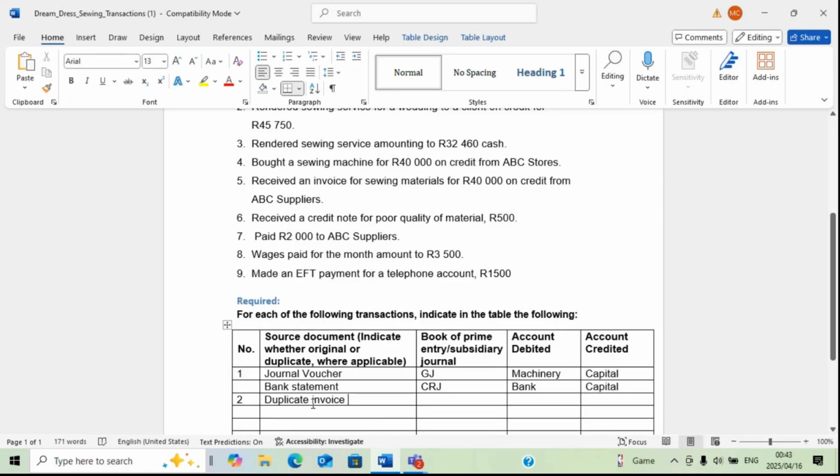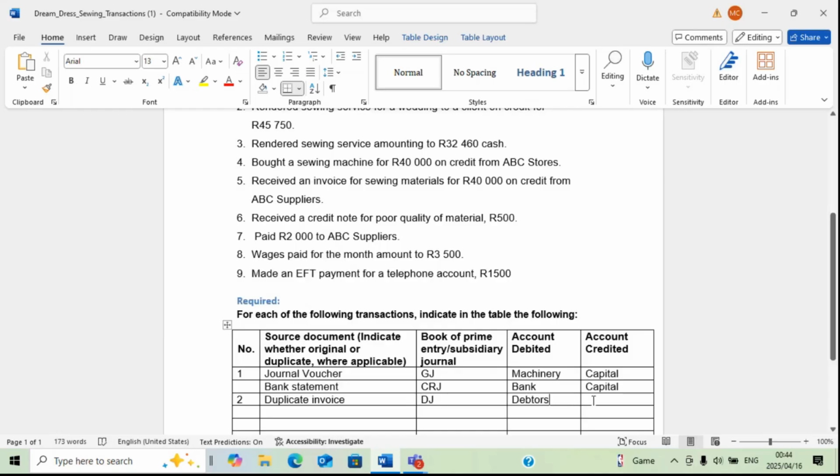And then the book of prime entry is going to be the debtors journal, DJ, right? That is how we abbreviate it, debtors journal. And then the two accounts affected on that transaction are going to be debtors, or you can say debtors control.